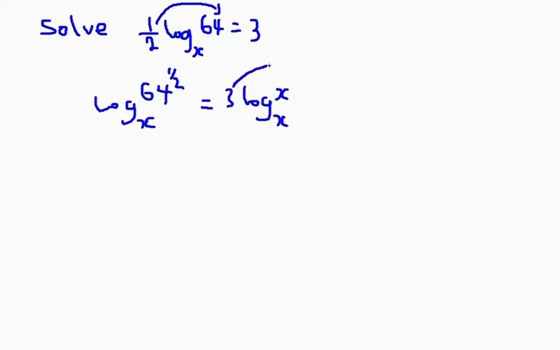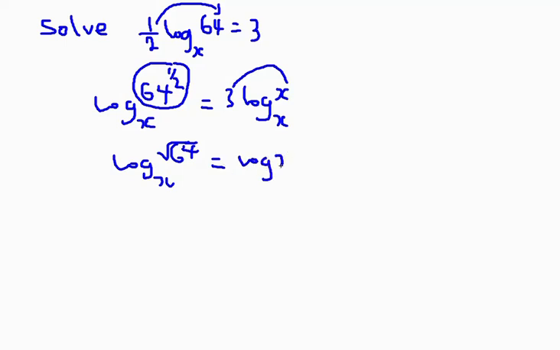Now 3 comes here to become the exponent of x. So you are going to transform 1 over 2 here to square root, and this equals log x to the power of 3 base x. Now you can equate these two together since the log here is in base x and the log here too is in base x.